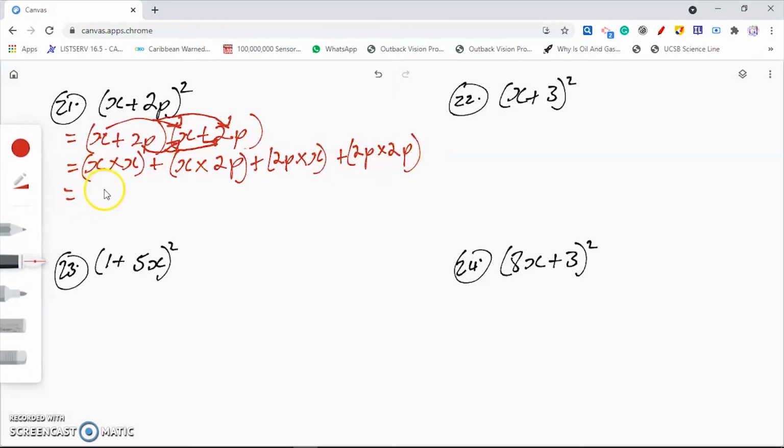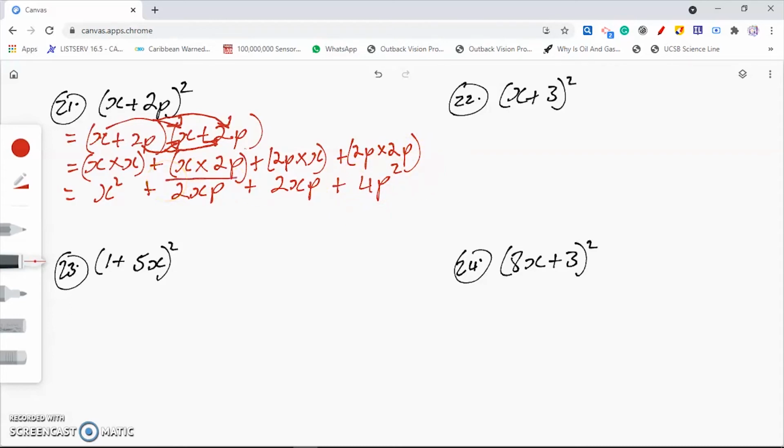Now simplifying, we get x times x equals x squared, plus x times 2p equals 2xp. Always put the coefficient first, or I could have said 2px, it doesn't matter. 2p times x is 2xp as well, plus 2p times 2p is 4p squared.